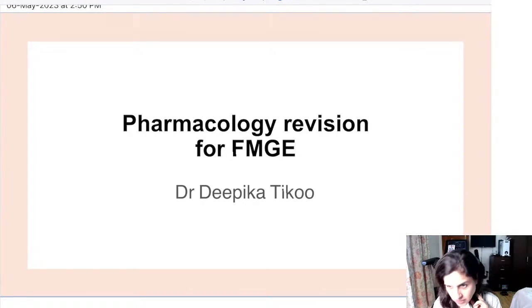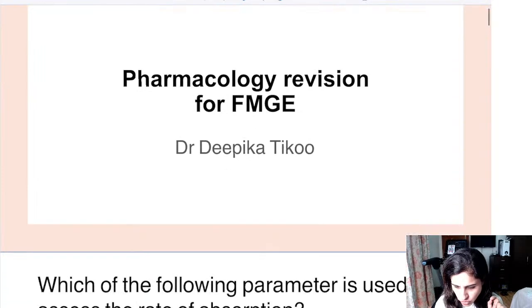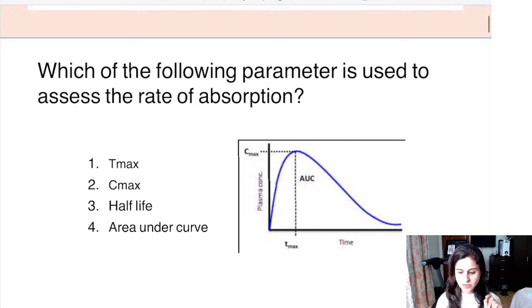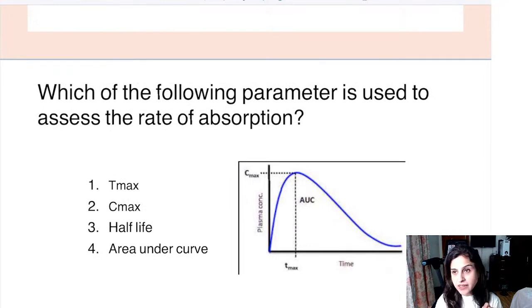Good evening, Crockster. I will be going through the various questions, and we'll be discussing every question and the important points around it, right? The first question, very commonly asked and repeated a lot of times, is: which of the following parameters is used to assess the rate of absorption?